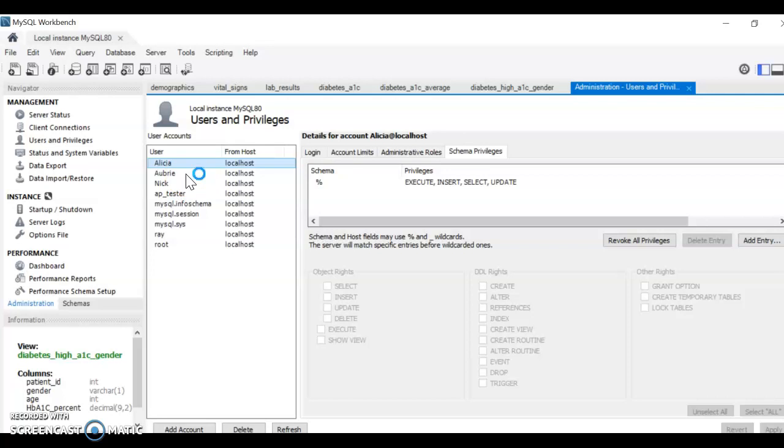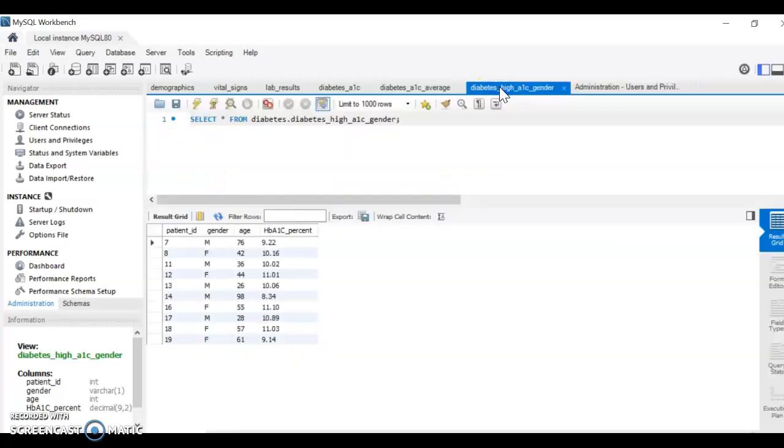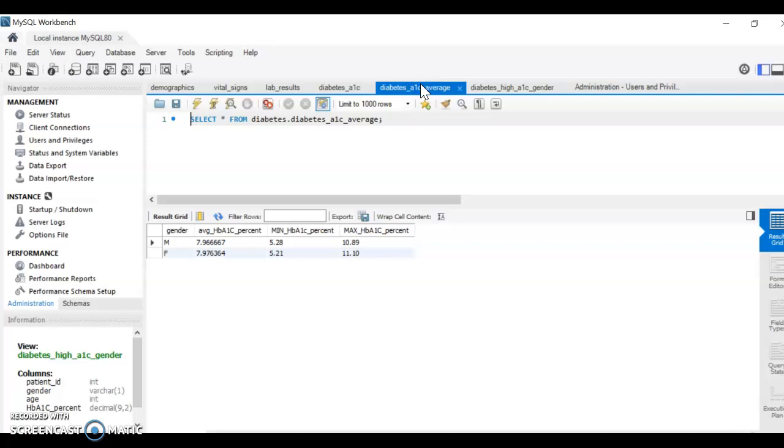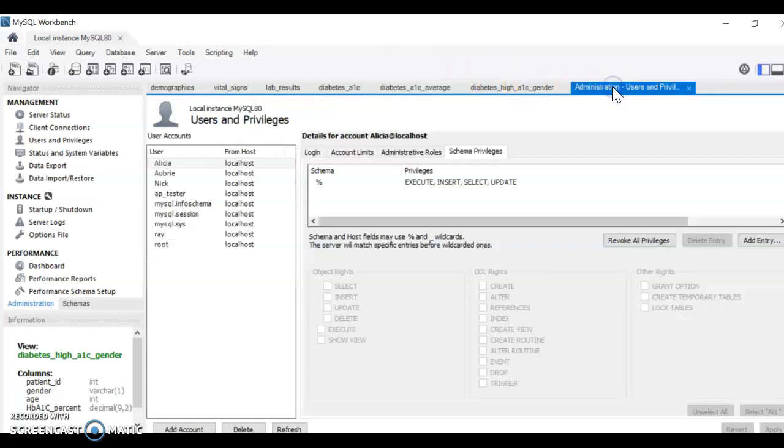So there were a couple views that I provided to you earlier showing and comparing A1Cs by gender and looking at the average, min, and max. And we also can program a user to have privileges to just look at those views.